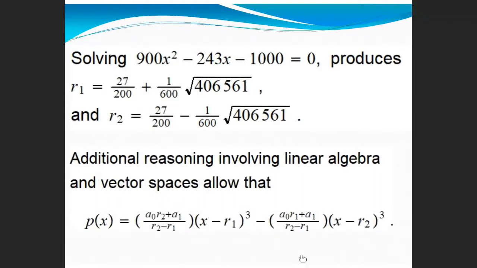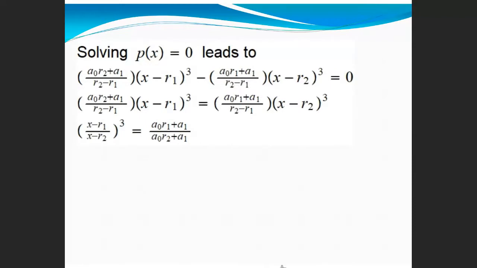And now, by using other reasoning involving linear algebra and vector spaces, which I won't take the time to go into in our limited time, we can write P of x in terms of the roots of the quadratic and the coefficients of P. And then that'll allow us to solve for the roots of P. This gives you a little bit of idea of what's involved here.